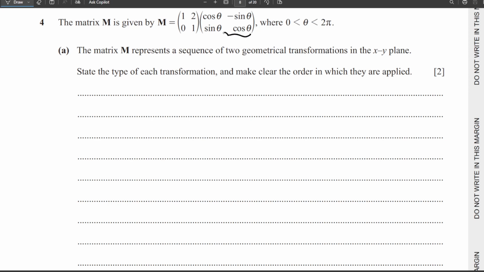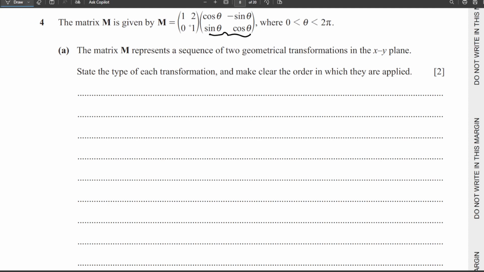This one you can very clearly see there's a rotation already because there's a trigonometric function there. And the other one here, you can see that the diagonal is 1, but in the other diagonal there's only the number 2. On the bottom left there is a 0, so it's not a stretch or an enlargement.